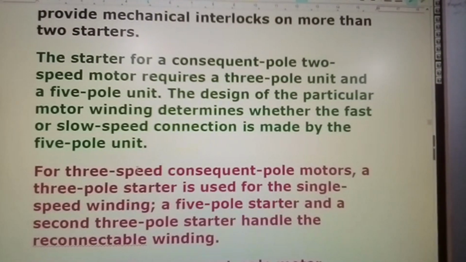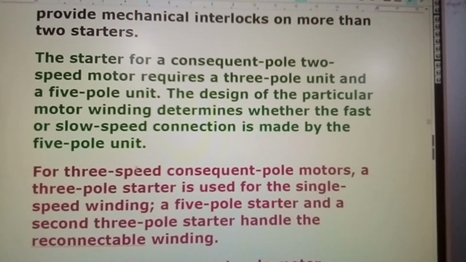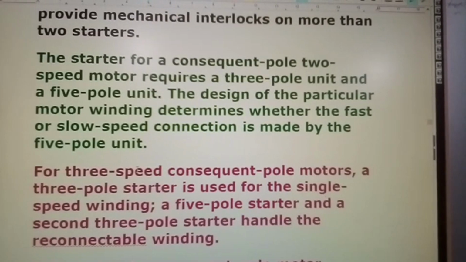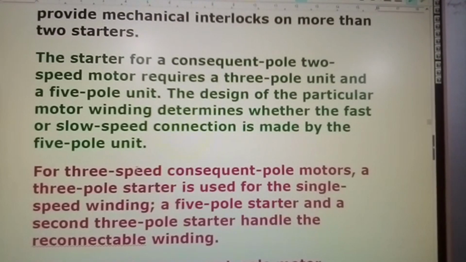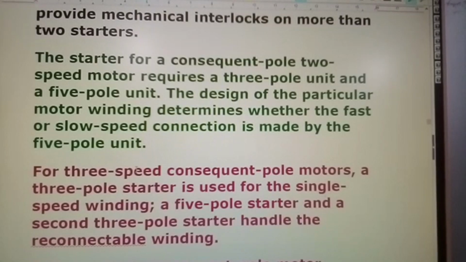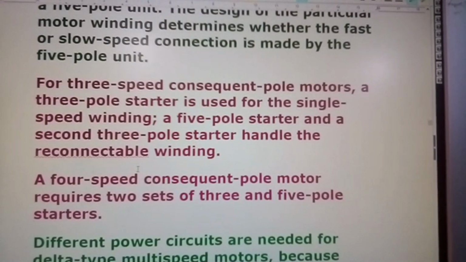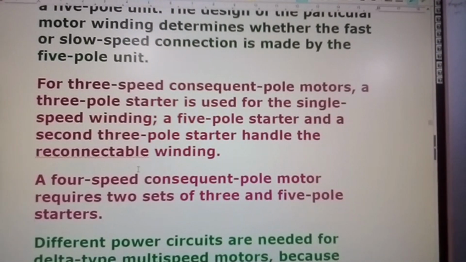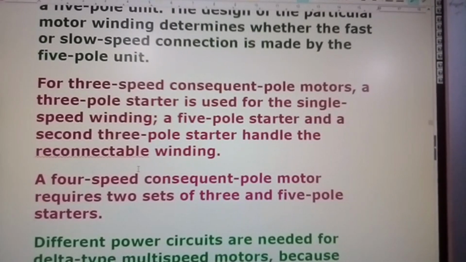The starter for a consequent pole two-speed motor requires a 3-pole unit and a 5-pole unit. The design of the particular motor winding determines whether the fast or slow speed connection is made by the 5-pole unit. For 3-speed consequent pole motors, a 3-pole starter is used for the single speed winding.